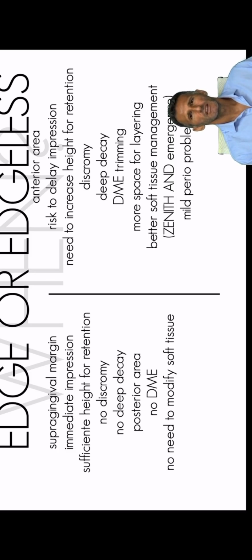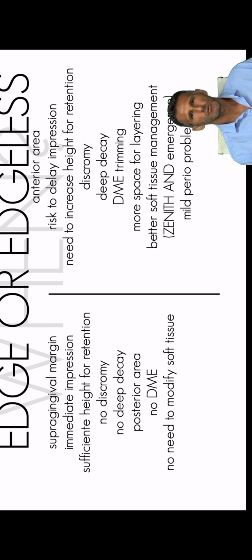So, in which situation do we prepare with an edge approach and in which other situation is it better to work with an edgeless approach? With the edge approach, we stay close to the gingiva. So we usually do supragingival margins or juxtagingival margins, and we are very conservative.